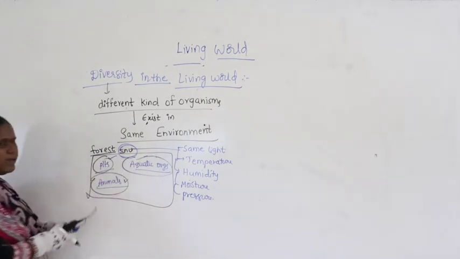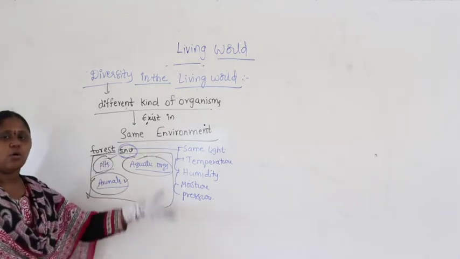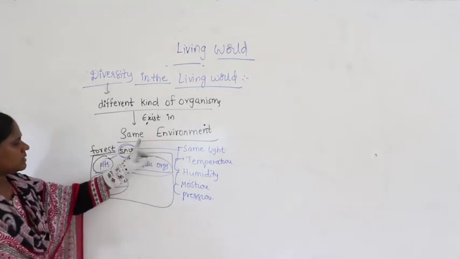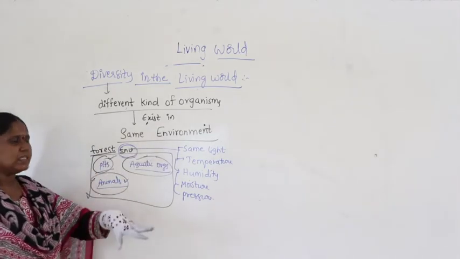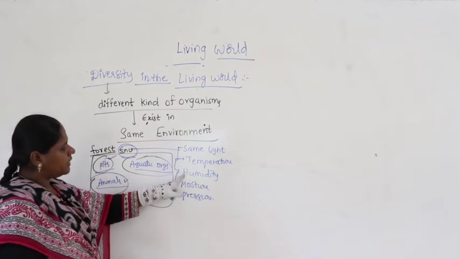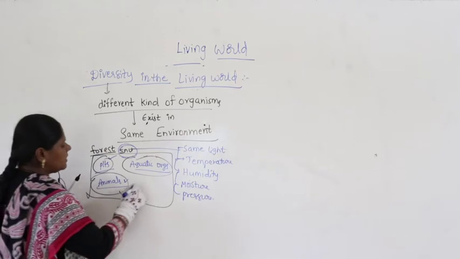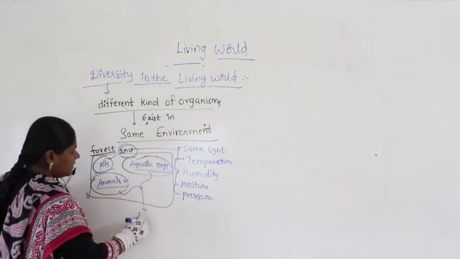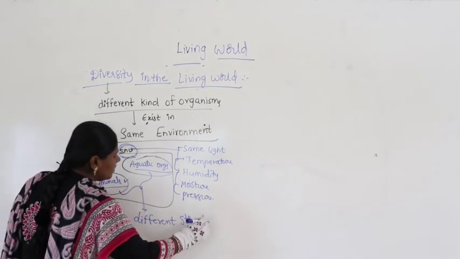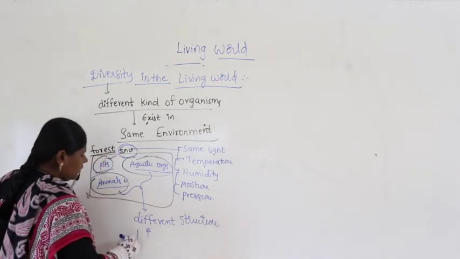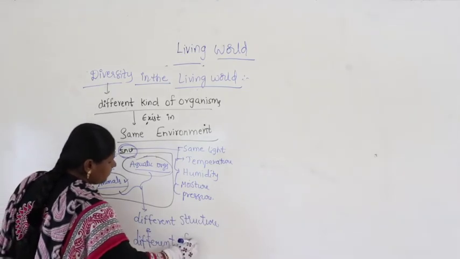Some are called plants, some are called animals, some are called aquatic organisms. You find all in the same environment, meaning all exhibit the same light intensity, same temperature, same humidity, same moisture, same pressure. But here they exist in a different structure, and because of the different structure, these organisms perform different functions.